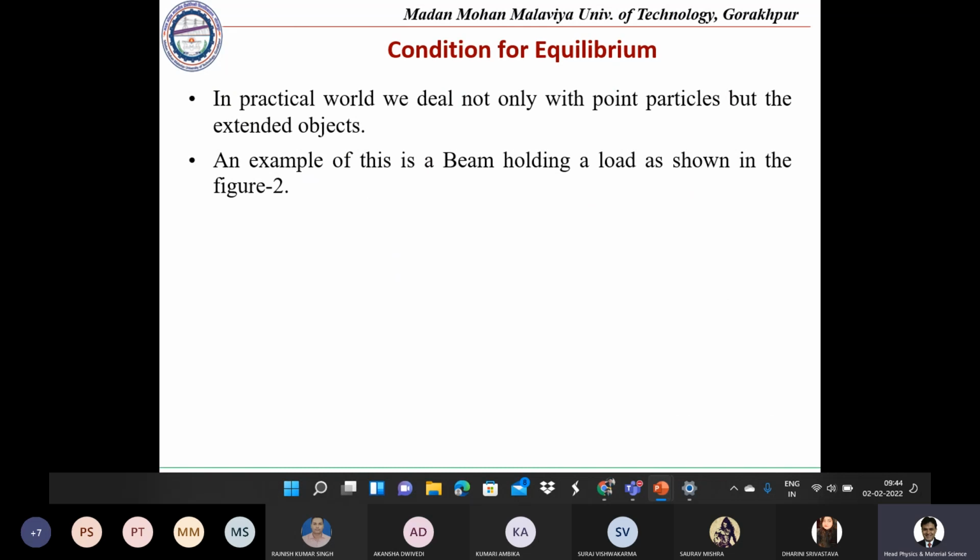In the practical world, we deal not only with point particles, but with extended objects. An example of this is a beam holding a load as shown in figure 2. Just we are taking this situation. S1, S2, these are two supports, or you can say these are the two places at which this rod has been placed.